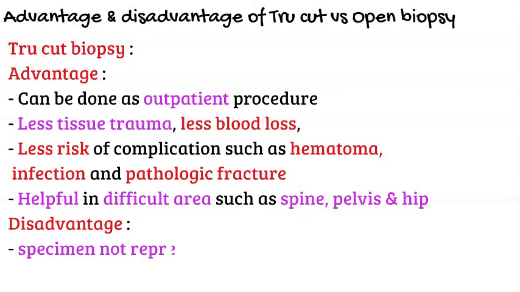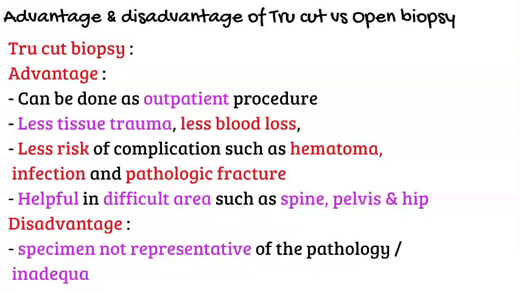It is helpful in difficult areas such as the spine, the pelvis, and the hip. The disadvantage of true cut biopsy: the specimen is not representative enough of the pathology, or an inadequate specimen is obtained.